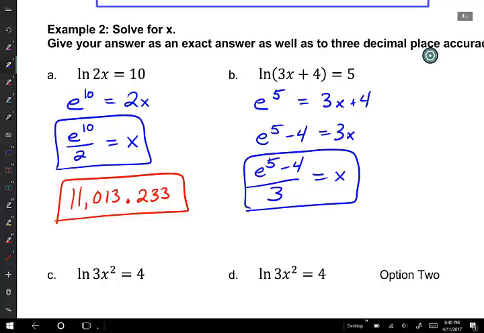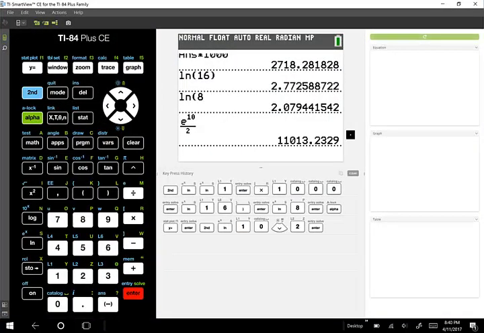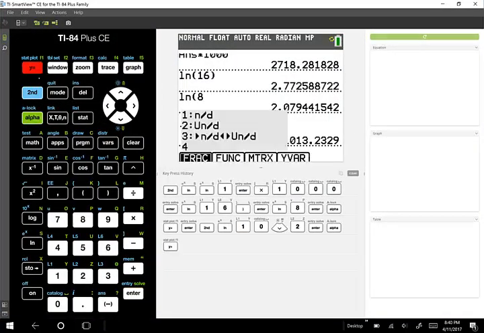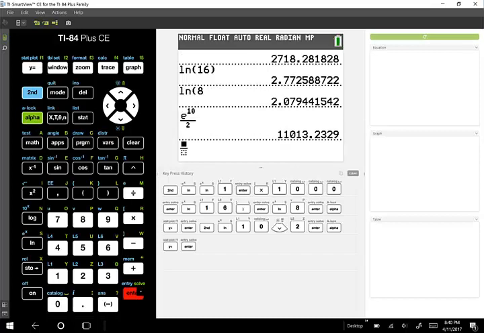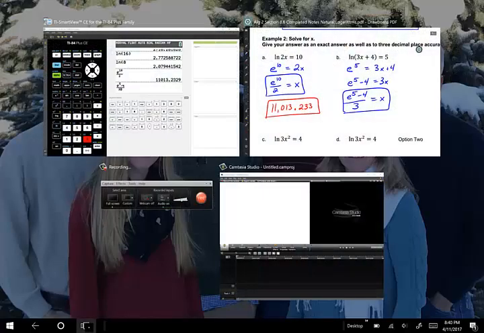Let's go to our calculator. E to the fifth minus 4 over 3. So we're going to go to our fraction once again. E to the fifth, so second e raised to the fifth, minus 4 all over 3. Just want to check and make sure that that's what we're doing here.